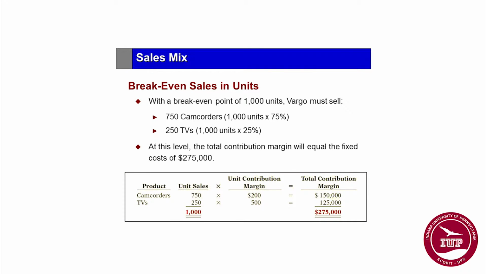If you are to compute the break-even sales in dollars, our formula for a single product break-even is fixed cost divided by the contribution margin ratio. In this case, since there is more than one product, we will compute a weighted contribution margin ratio.